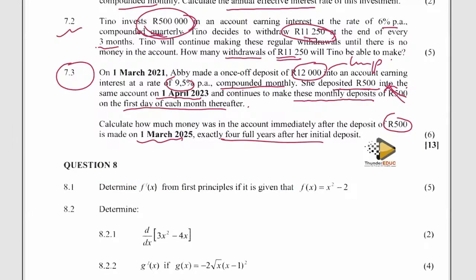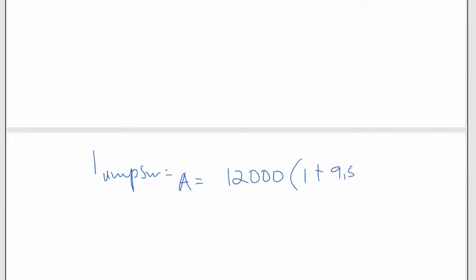So I'll divide this into 2. So when I look at the lump sum, I'll say the accumulated value is going to be the 12,000 into 1 plus, we know the interest rate is 9.5% monthly, so 9.5% over 12 to the exponent of 12 times 4. So this money grows for the full 4 years.